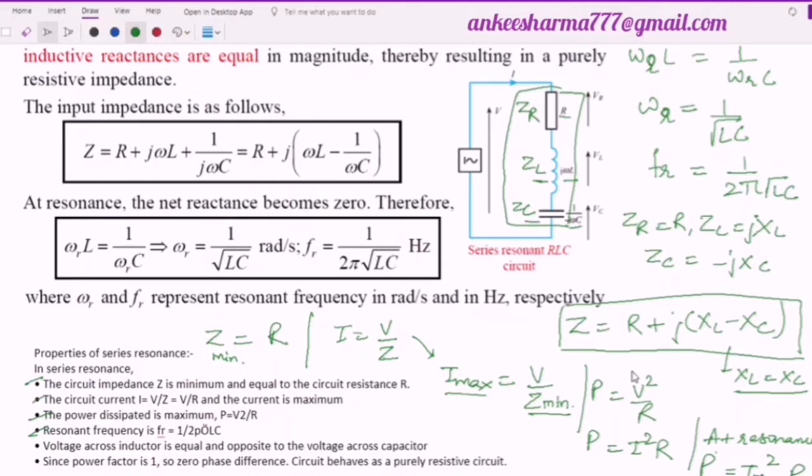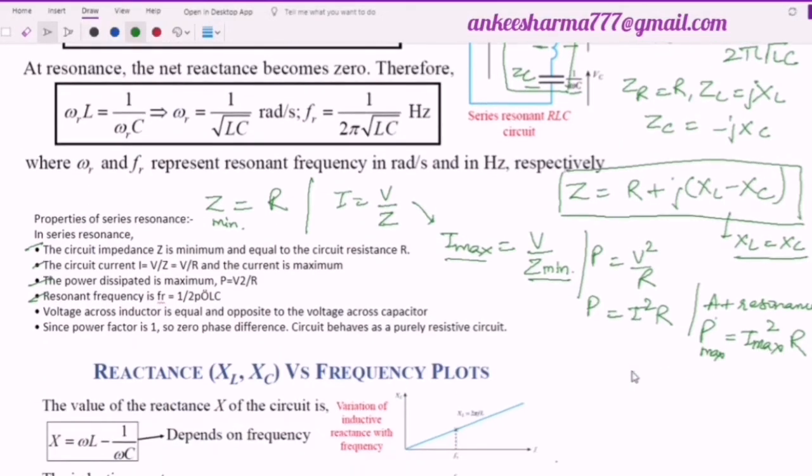Now if I look at the values of these voltages, the voltage across an inductor VL will be written as I into XL, right? And similarly the voltage across this capacitor can be written as I into XC. Now, as XL and XC are, one will be at a low value, the other will definitely be at a high value.